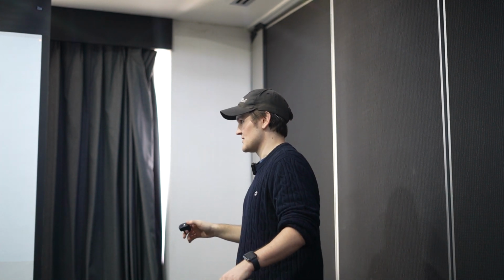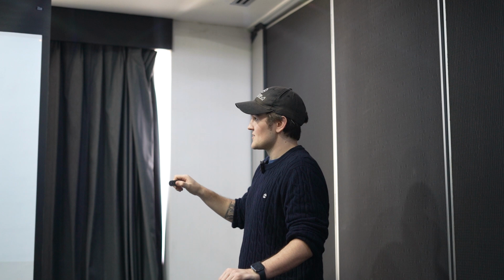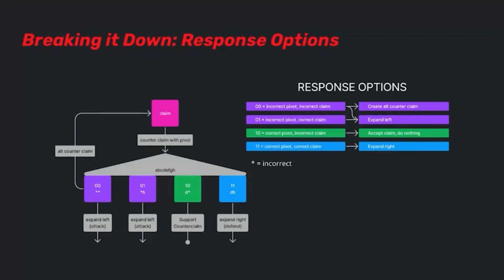So there's a second option here. We can also think that this was the incorrect pivot to supply, but we also agree with this claim. In that case, we also want to expand left. But here, because we agree with the claim above it, we don't need to create that alternative counterclaim. The third option is that we think this was the correct pivot, and we also disagree with this claim.